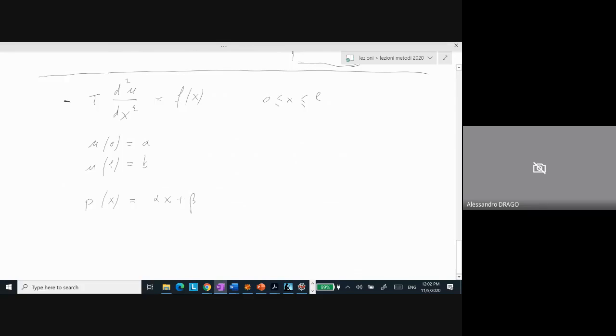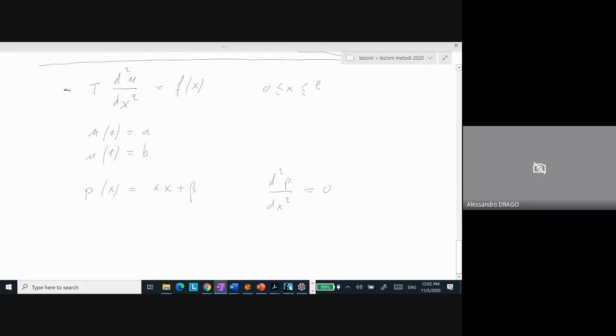So, first point, if I have a linear function like this, I know that the differential operator is just annihilating this function, meaning that if I apply the second derivative to this function, I just get 0.